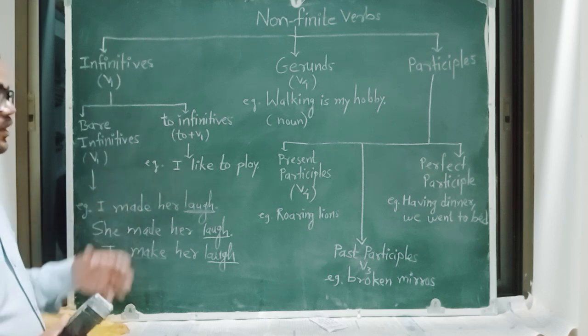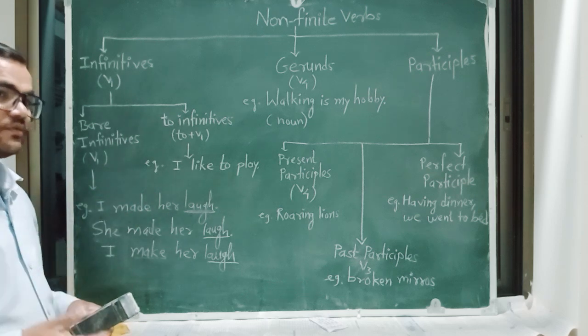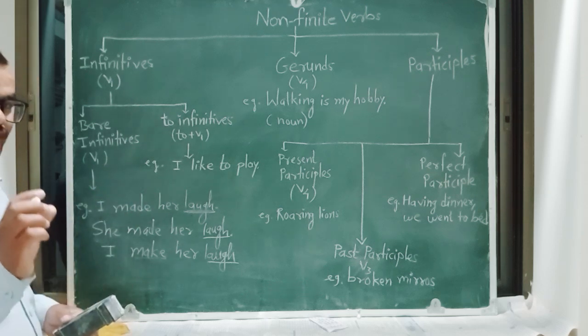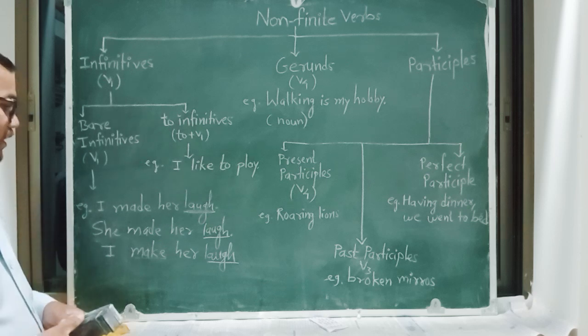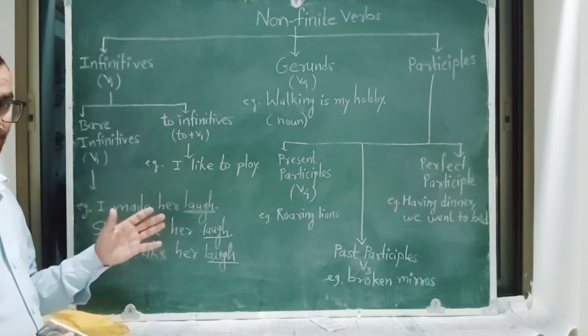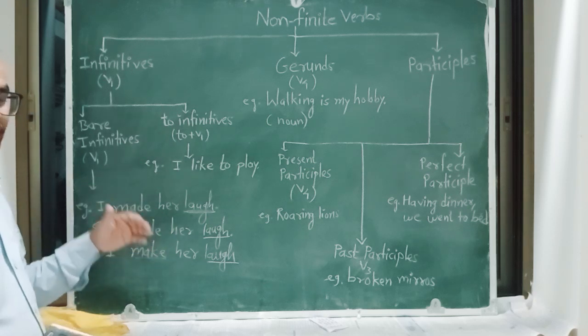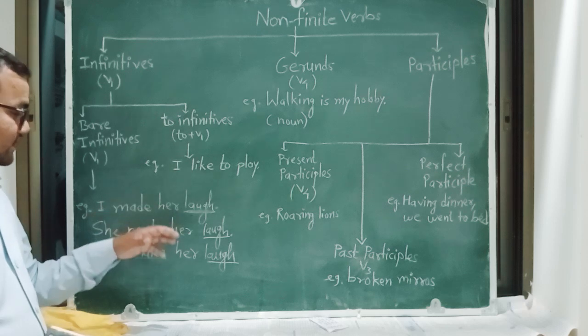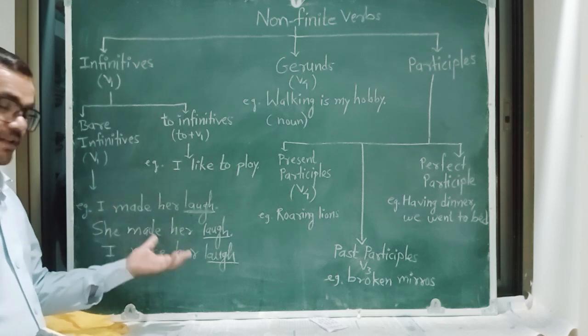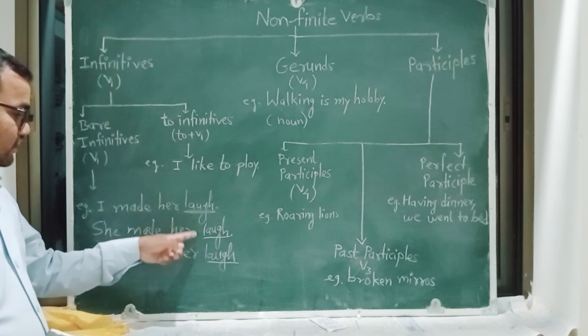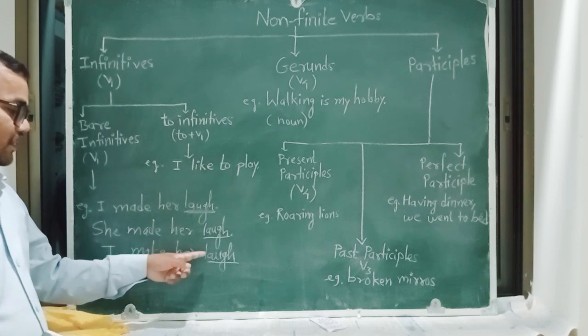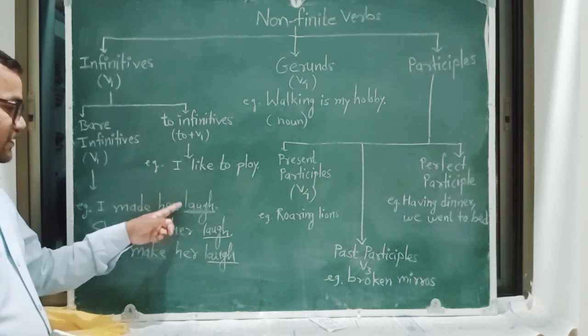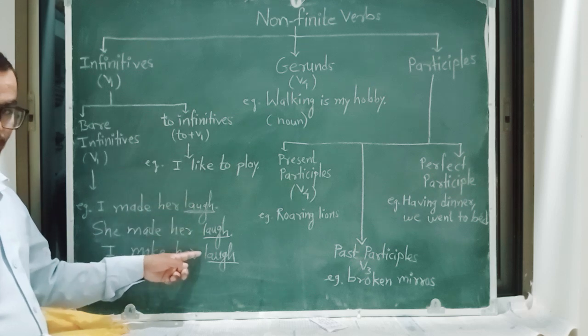Bare infinitives are the first form of the verbs which do not take to with them, right? And they do not change according to gender, person, subject of the sentence, and tense of the sentence, right? So there is no change in the form of the verb laugh. So we can say that laugh is a bare infinitive over here.